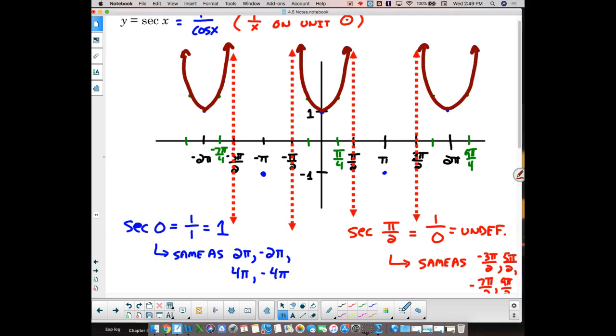Would you agree? Fairly good inkling that in the two other sections that it's going to go down, right?